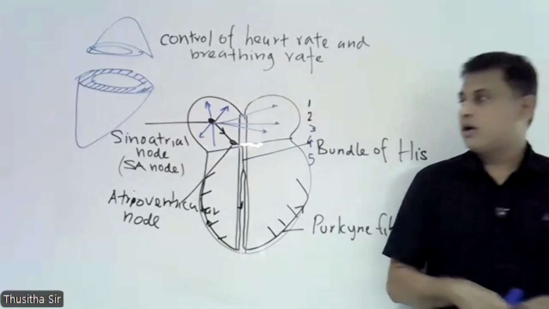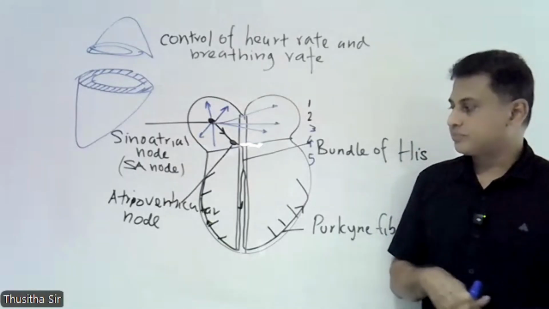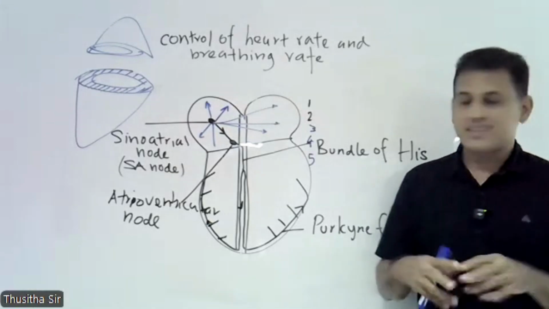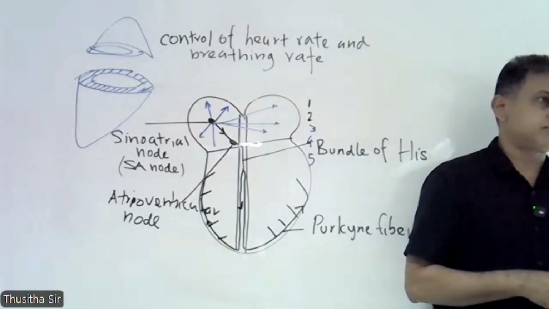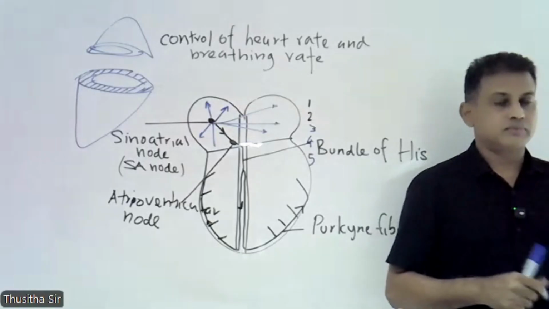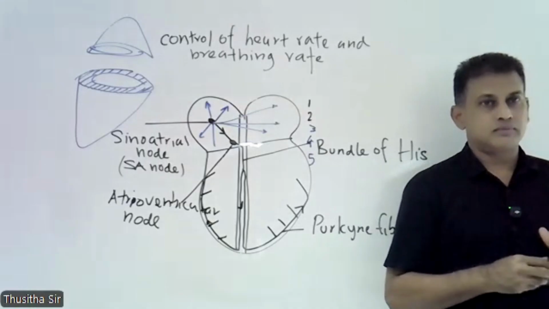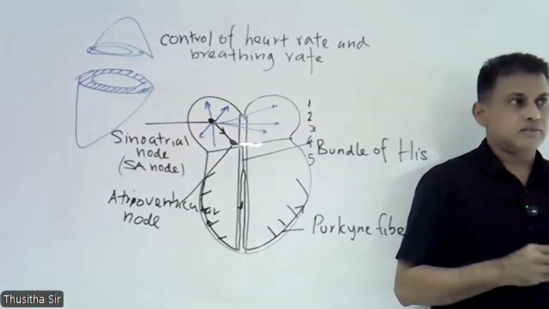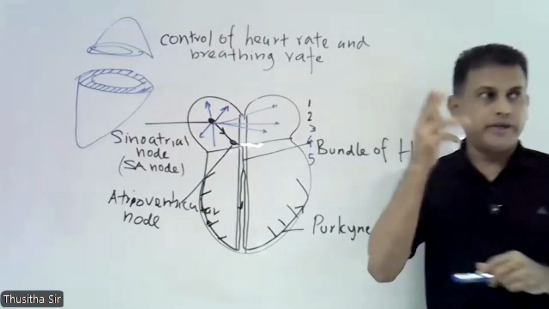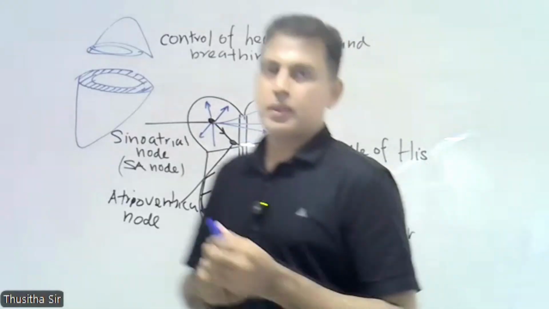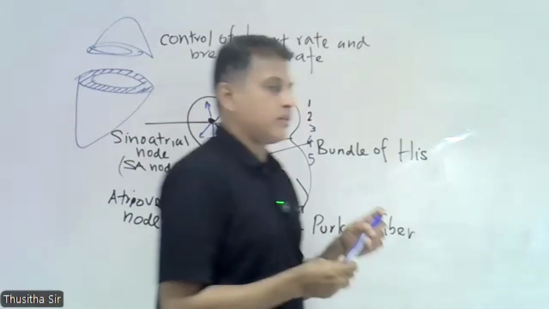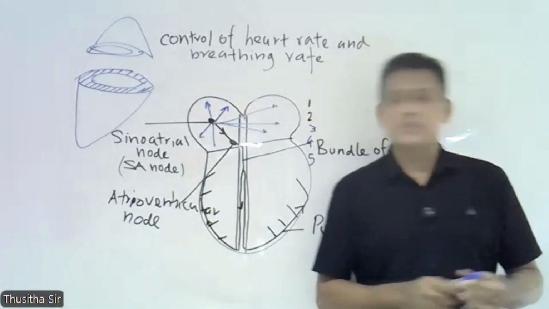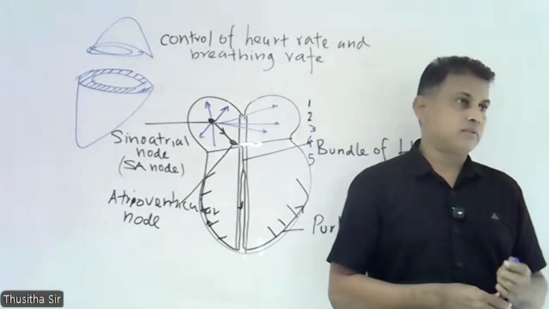Okay, now most of the time we want to find some kind of problem in the heart. Because as you learned from unit 1, cardiovascular disease is one of the biggest problems among people, and it's getting higher and higher.